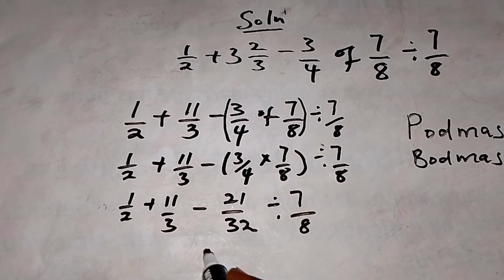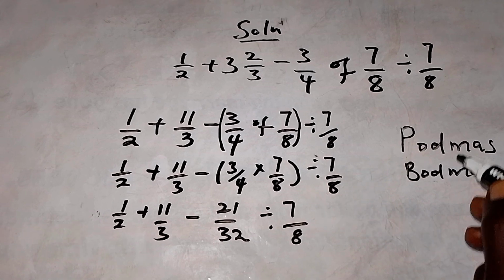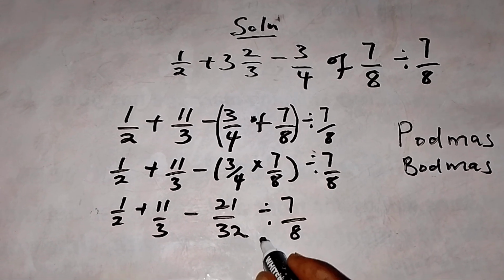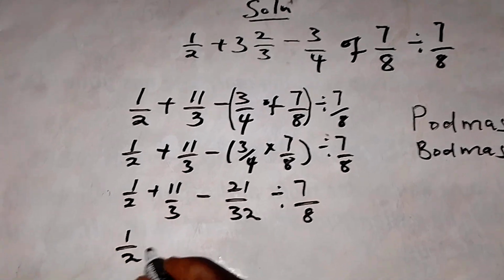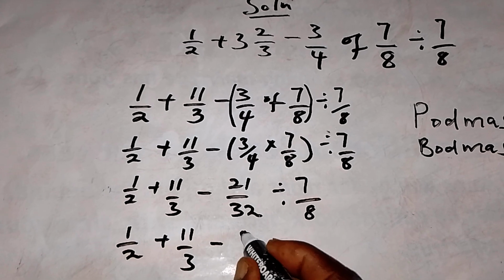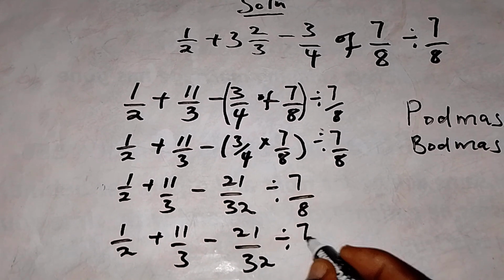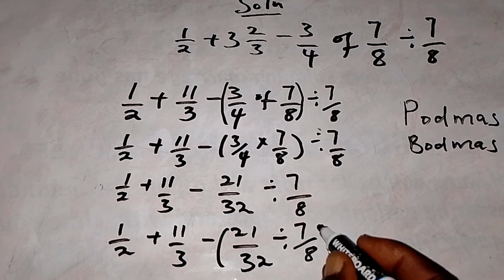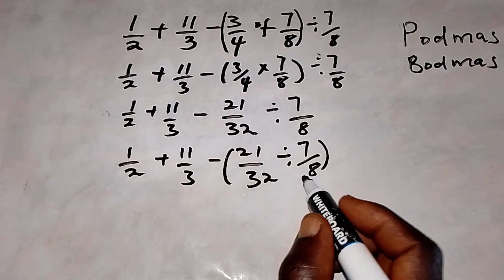From there we can proceed to the next operation, which is division, and we have a division sign here. So we'll say 1/2 plus 11 over 3 minus 21 over 32 divided by 7 over 8, put brackets there. So we work out this.